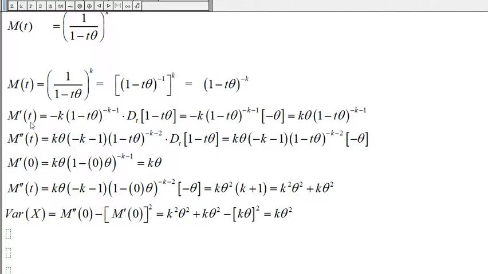The first derivative will be negative k to the front, and then subtract 1 from the exponent, so negative k minus 1, and then using the chain rule, we have to multiply by the derivative of 1 minus t theta with respect to t.